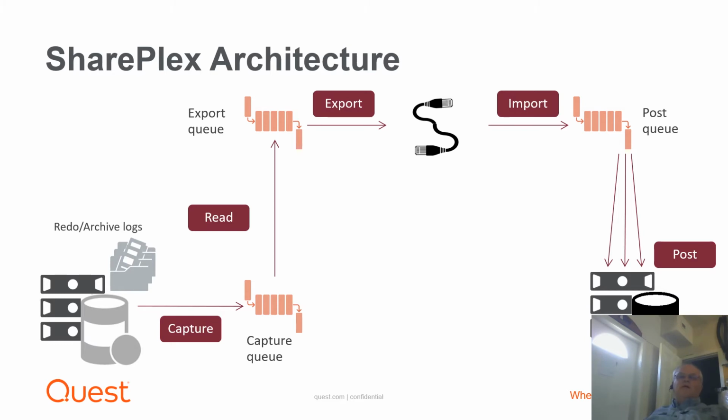Read decides what data you're going to replicate, and then moves along these export-import processes. This is not Oracle's export-import. This is our own proprietary processes that move data very quickly across the network, much faster than Oracle Network Services. Put the data in a post queue where our post process transforms it into SQL and applies it to the target database.